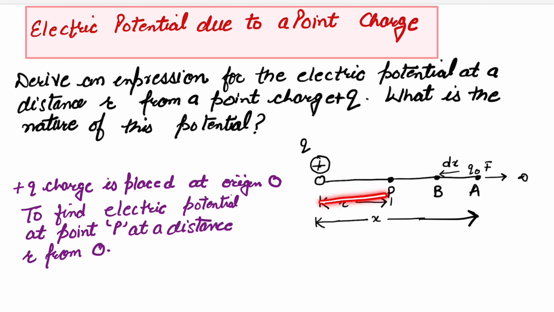This point P is present at a distance r from O. Then we choose a point A where the test charge q0 is present, and this point A is at a distance x from point O. When this test charge q0 moves from point A to B, it travels a distance of dx.